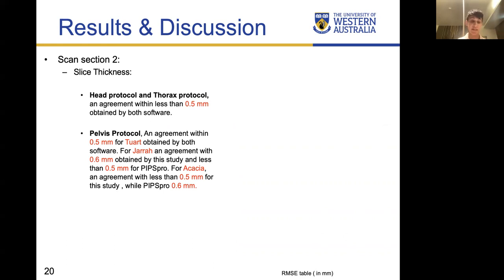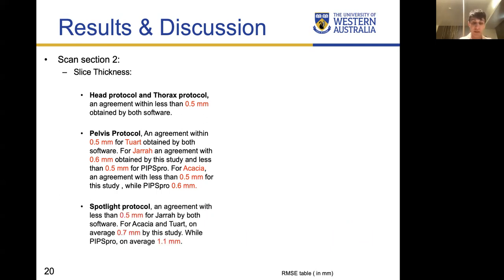For Acacia unit, an agreement with less than 0.5 millimeter for this study, while for PIPSPro, 0.5 millimeter. Spotlight protocol, an agreement with less than 0.5 millimeter for Jara by both software. For Acacia and Thorat, an average of 0.7 millimeter by this study, while for PIPSPro, significantly lower accuracy, on average 1.1 millimeter.